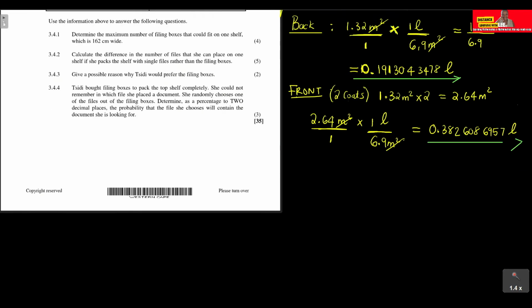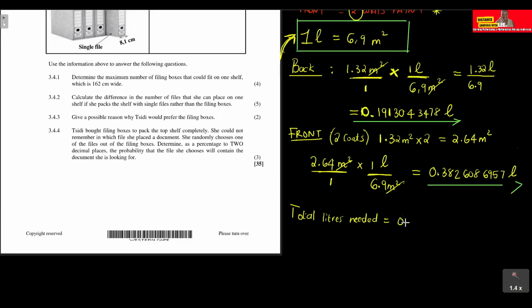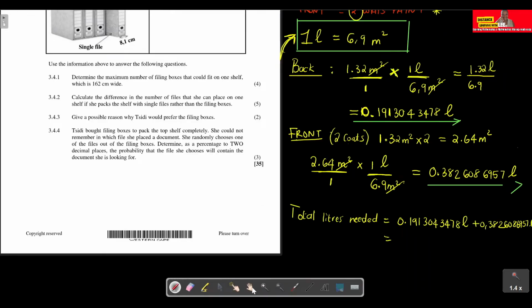So the total liters needed is equal to these 2 values added: 0.1913043478 liters plus 0.3826086957 liters.